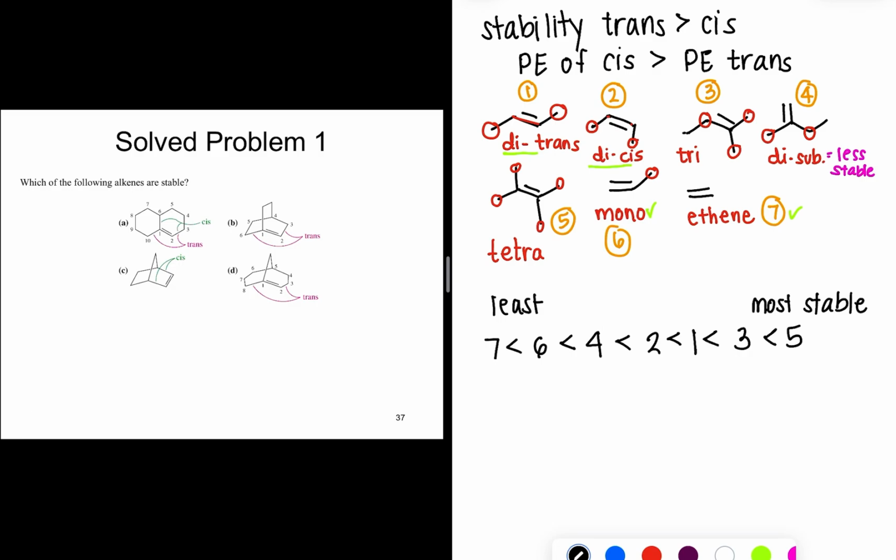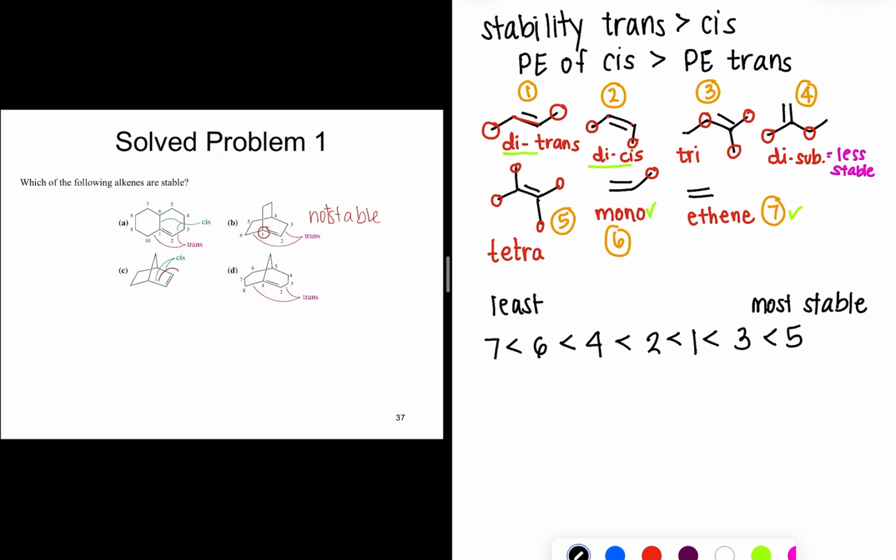Looking at these, which of the following are stable? This one is okay because you have a big ring system and you have the cis. This is stable. In B, you have a double bond at a bridgehead carbon. This is not stable.